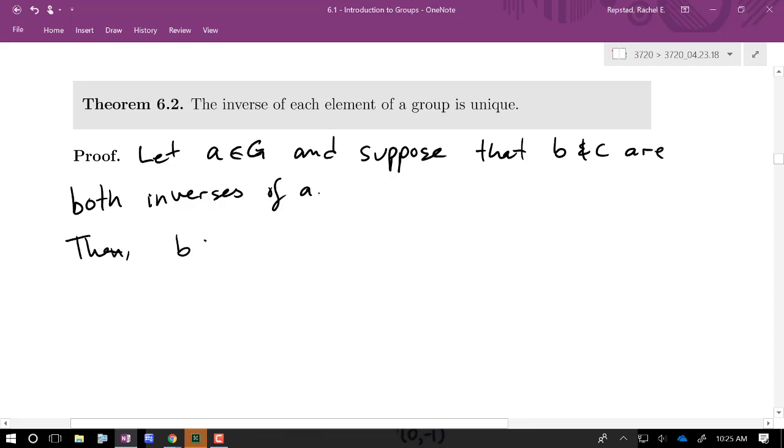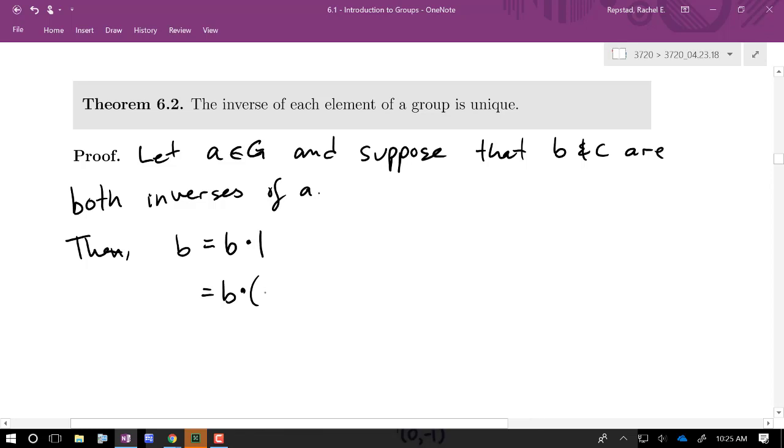Then, let's take our element B. B is certainly equal to B times 1, right? Because in every group, we know the identity element exists, so I can always write B as B times 1. At the same time, 1 is always going to be the same thing as an element times its inverse.